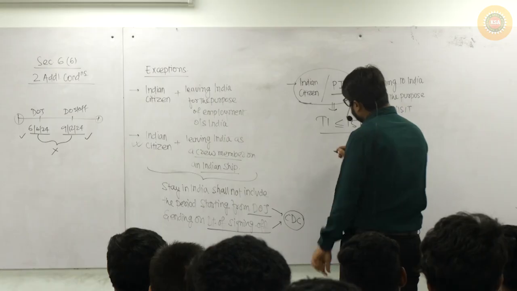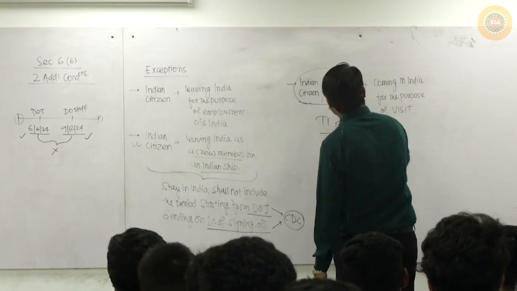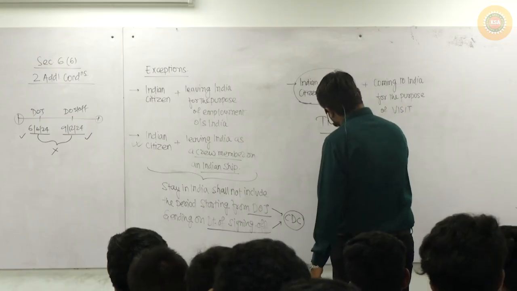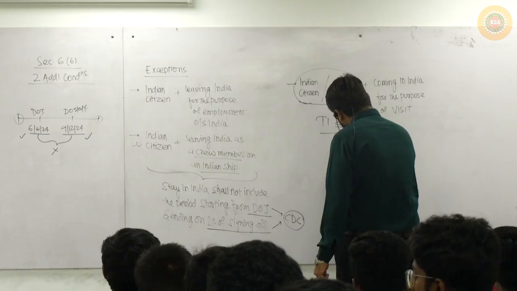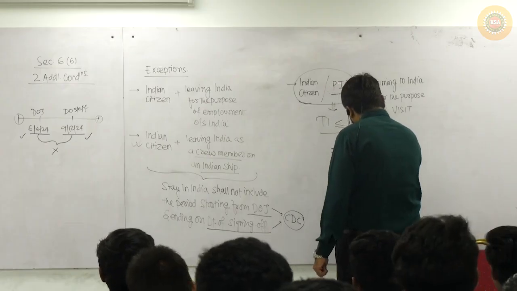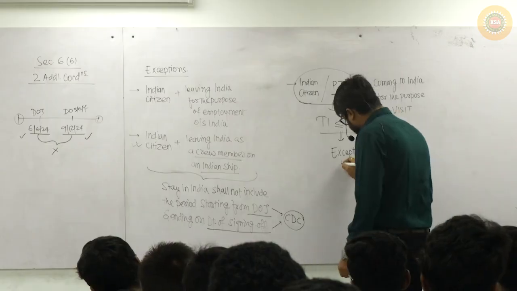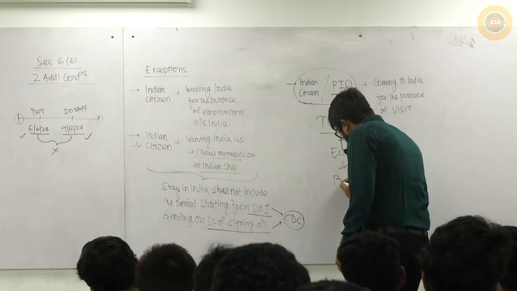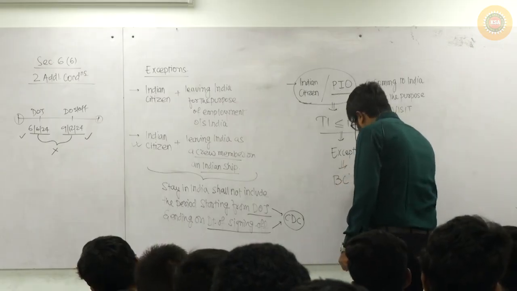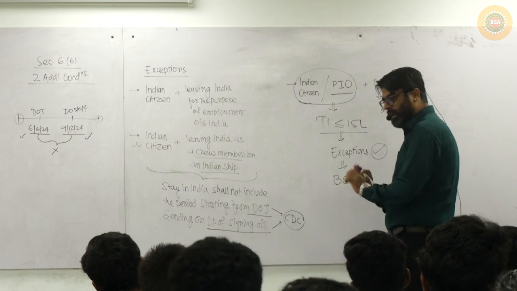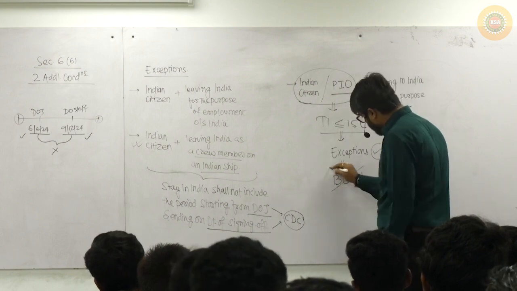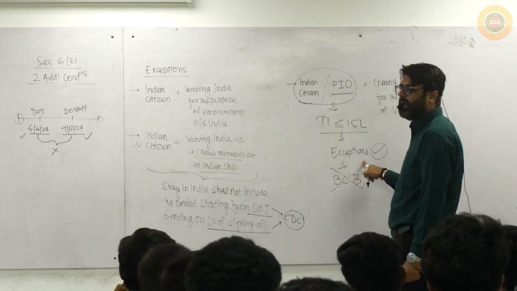Now if the same case, you are covered by the exception, yes or no? And if you are covered by the exception here, that means basic condition B will be applicable or will not be applicable? Will not be applicable because you are covered by the exception.